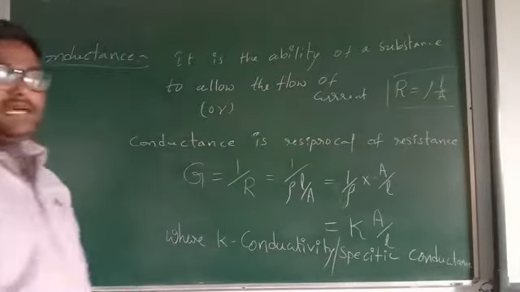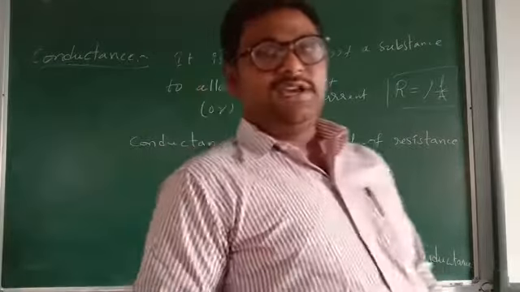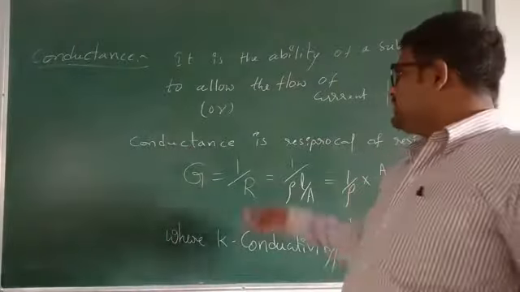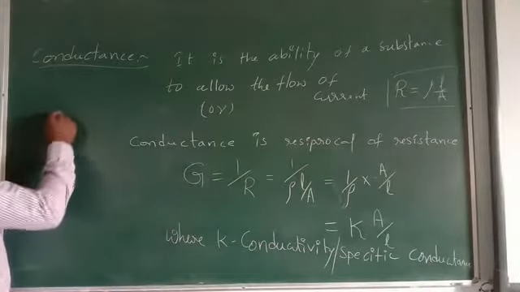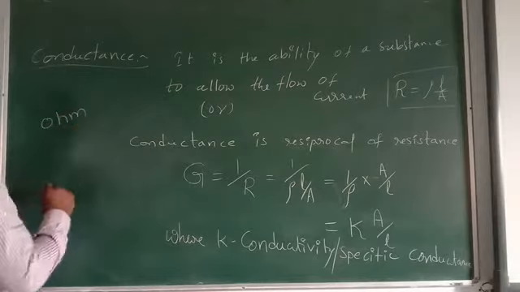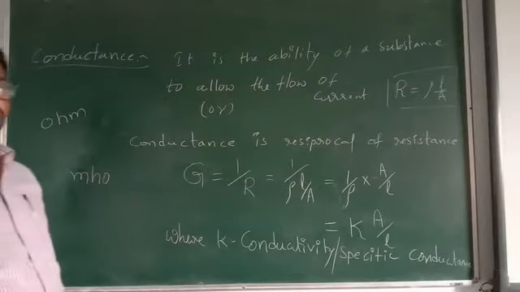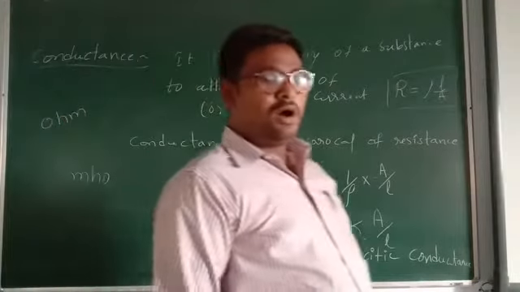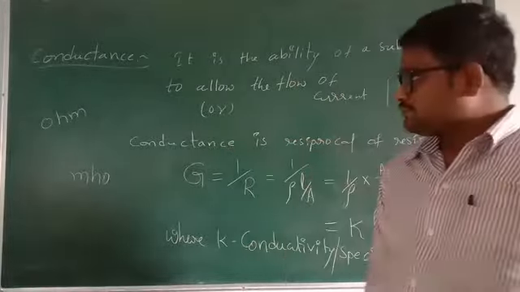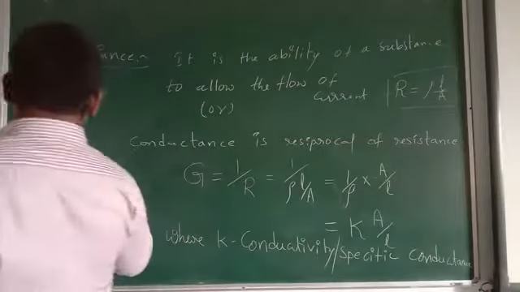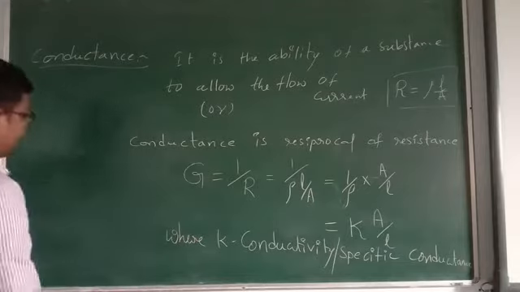What are the units of conductance? Generally, it is the reciprocal of resistance. The resistance unit is ohm, so conductance can be written as mho or inverse ohm. But in chemistry, we have SI units of conductance.